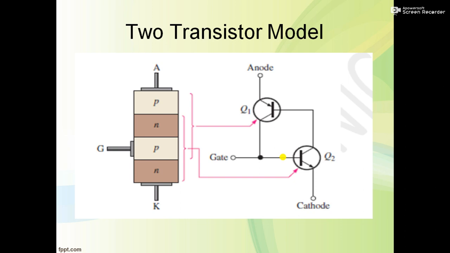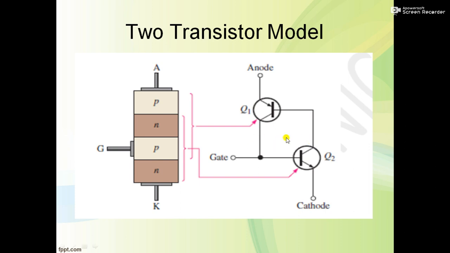And when IB2 is 0, IC2 is also approximately 0, and this IC2 is equal to ICO. ICO is the transistor leakage current at the collector terminal.